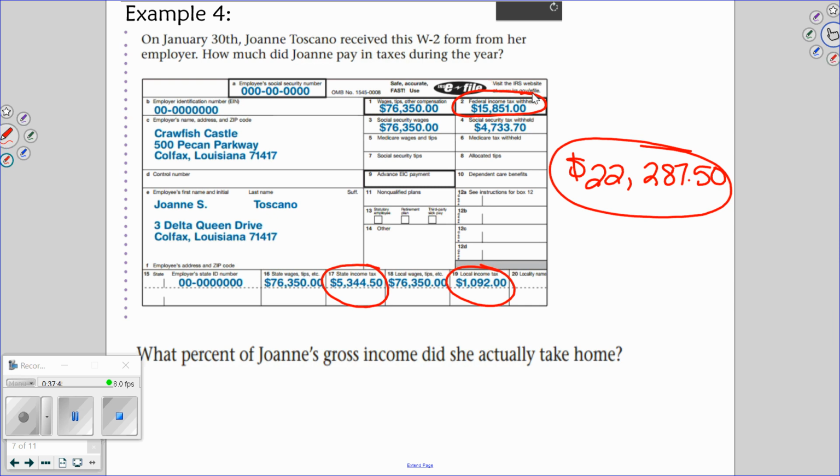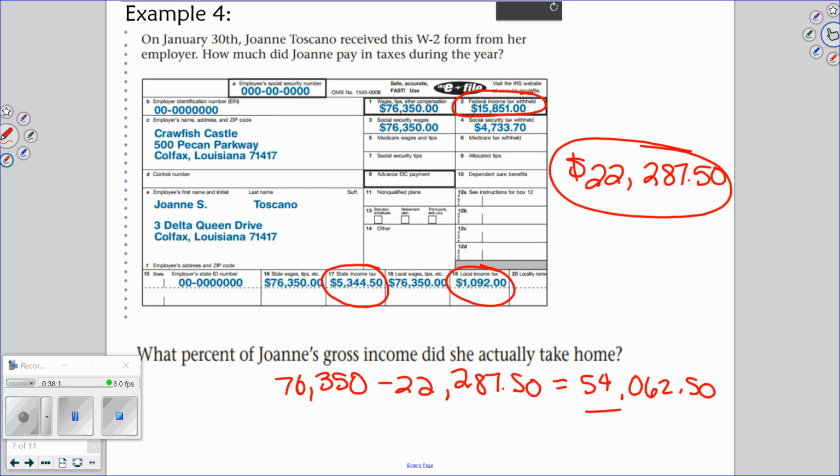That's a whole other ball of wax right now. But what percentage, other than the taxes, did she actually get? So we need to take her gross pay, the $76,350, subtract off all the taxes taken out.